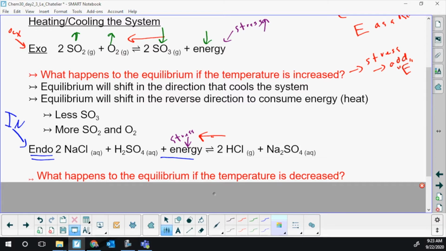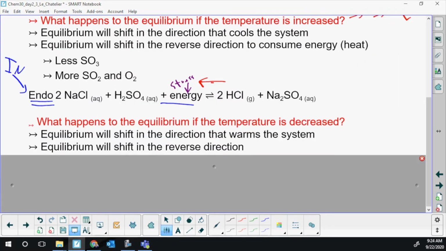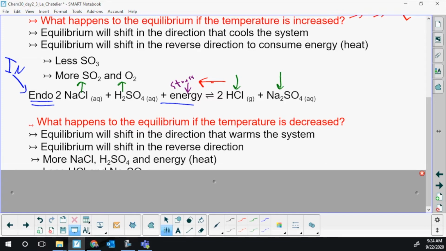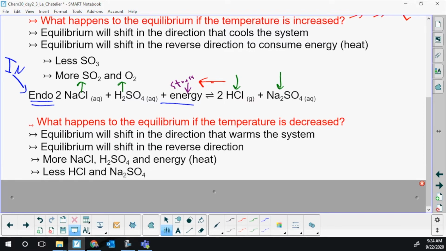This is just like removing a reactant, as in a few stations of the lab. As a result of that cooling and the reverse shift, we're going to end up seeing more reactants and less products. And those green arrows are summarized in my bottom two bullets.